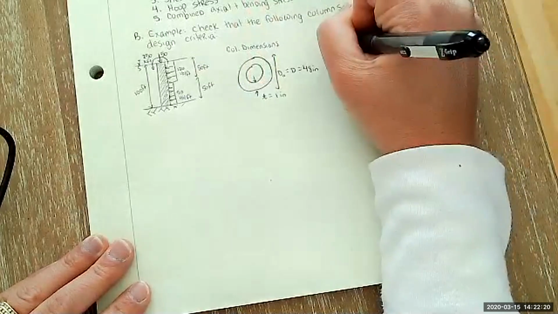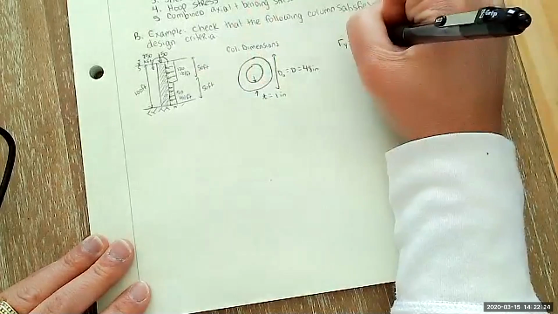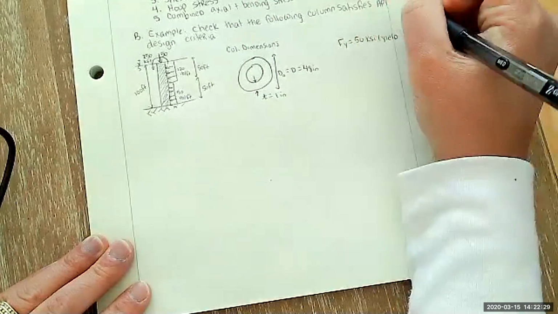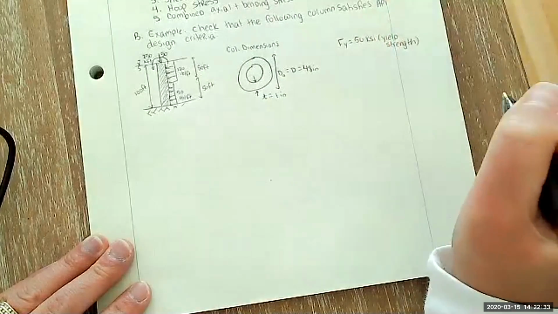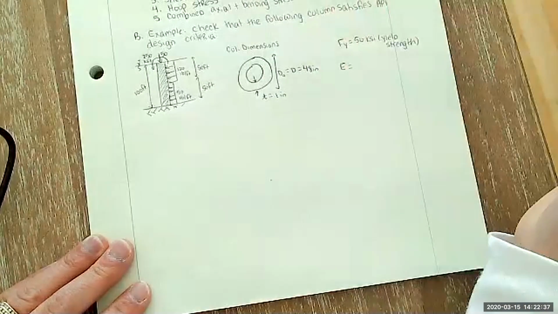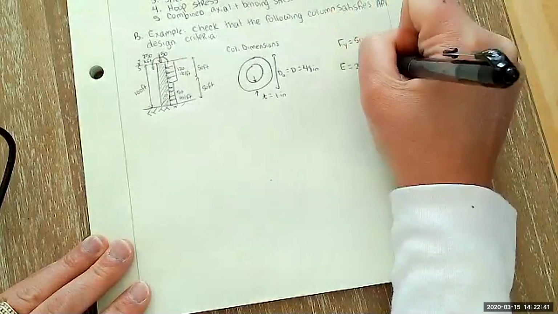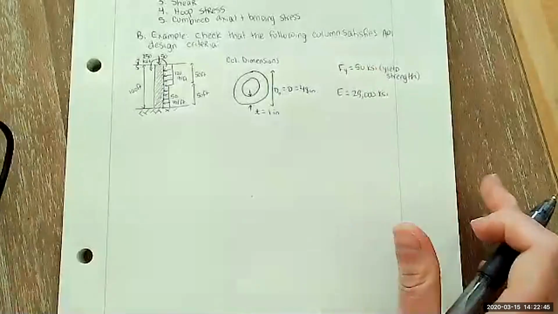And we know that the yield strength is 50 KSI. And the elastic modulus is equal to 29,000 KSI. So we're building a steel column in 100 feet of water depth.